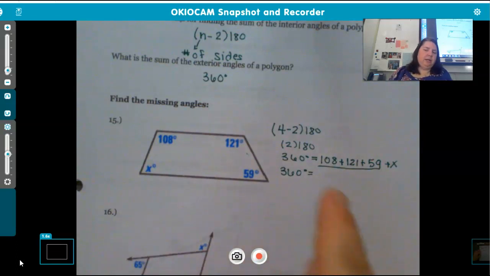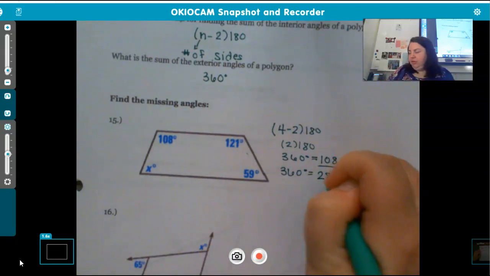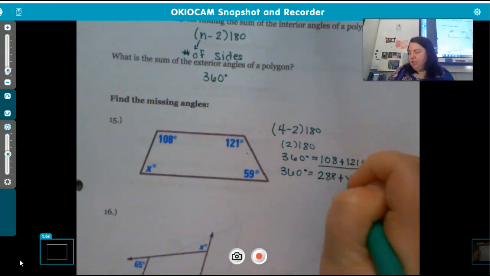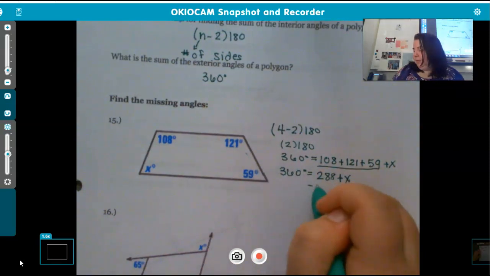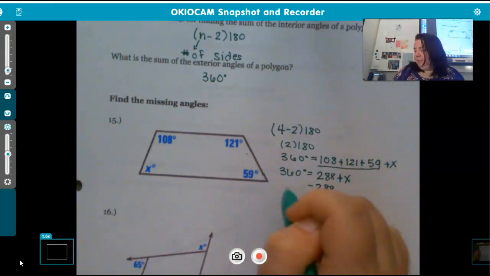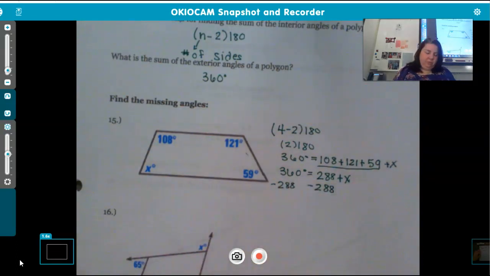But right now we're adding these 3 numbers together, and I'm waiting for somebody to tell me what they equal when I add them together. So 360 equals 288 plus x. What's our last step to get x by itself? Subtract. So put that in your calculator. 360 minus 288.